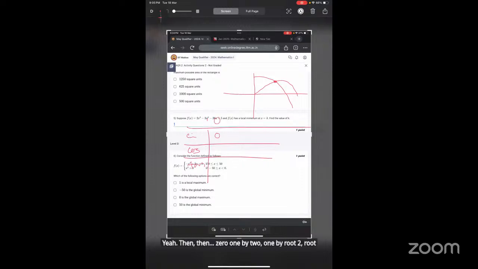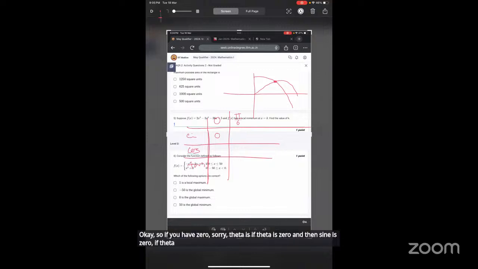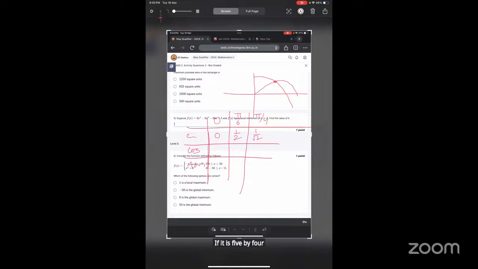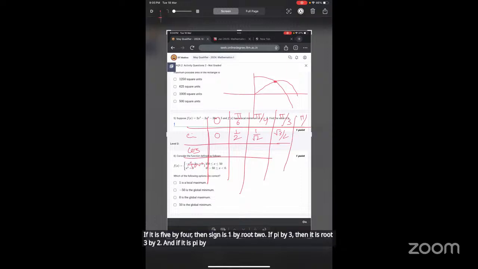If theta is 0, sine is 0. If theta is pi by 6, sine is 1 by 2. If it is pi by 4, sine is 1 by root 2. If pi by 3, then it is root 3 by 2. And if it is pi by 2, that means 90 degrees, then it is 1.